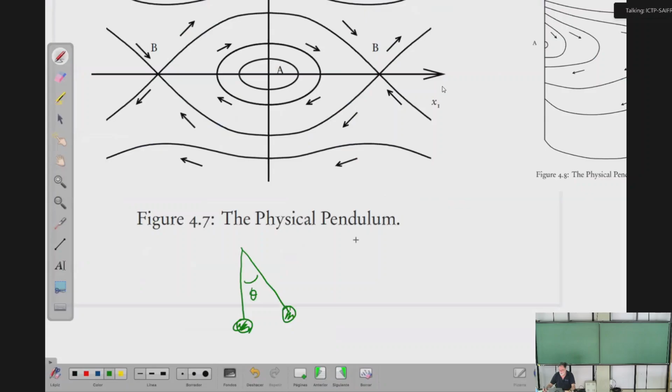The equation of the pendulum is d squared theta over dt squared equals, we can throw the constants away, minus sine of theta. And this we can write as a first order system. Let's just write it better.